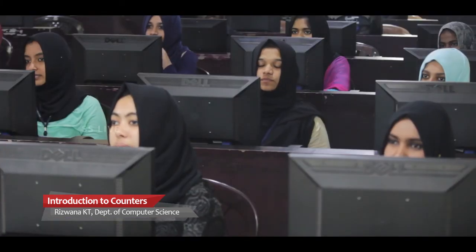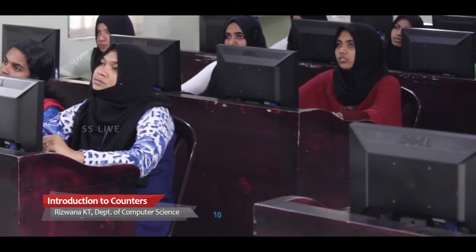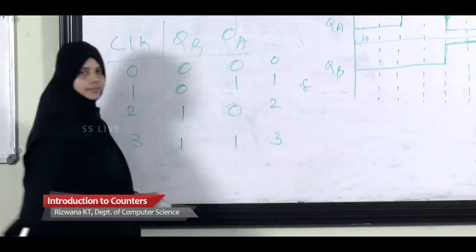And in the third clock pulse, we can see that QA is 1 and QB is 1. Now, when we consider the decimal equivalent of these combinations, we get 0, 1, 2, 3.